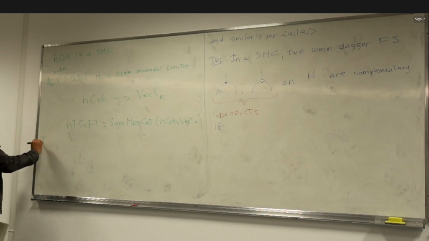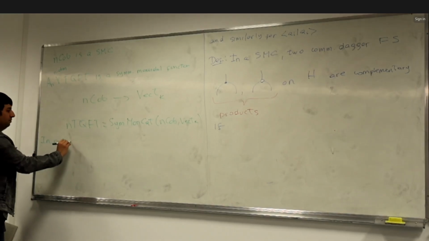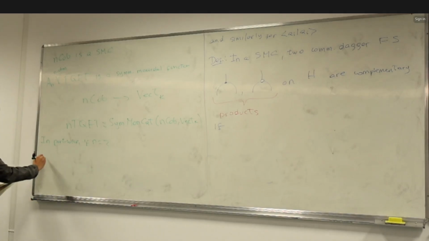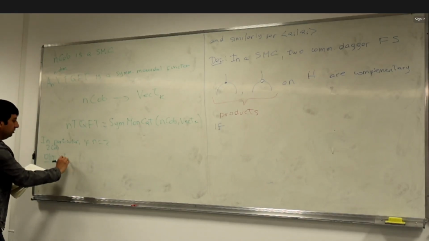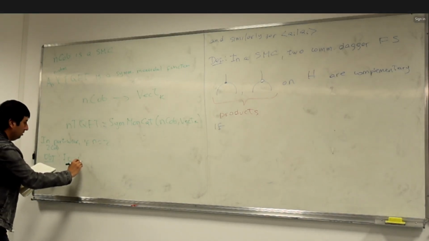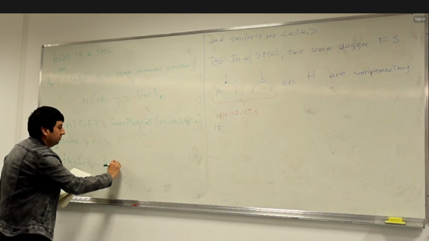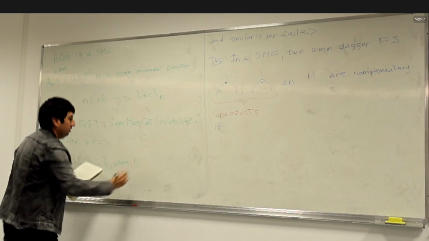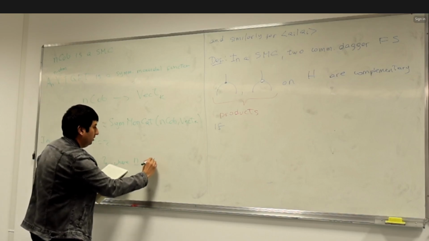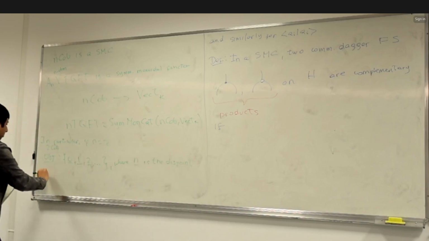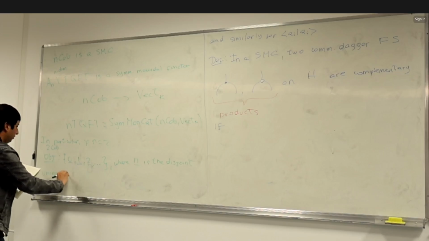Now, in particular, if n equals 2, we can consider 2Cob as this category with objects 0, 1 underline, and so on, where n underline is the disjoint union of n circles.